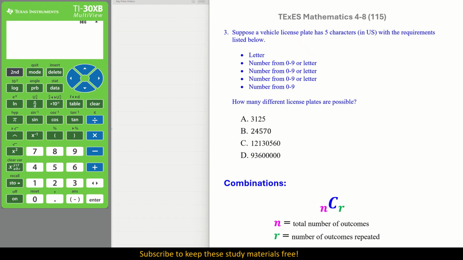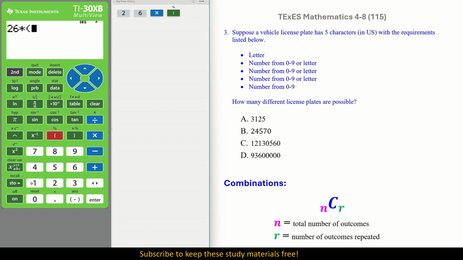So what we're really doing here is this. How many letters are in the alphabet? 26. However, that needs to be multiplied too. 1, 2, 3 in the middle. And that is here. I am going to put a parentheses and 0 to 9.